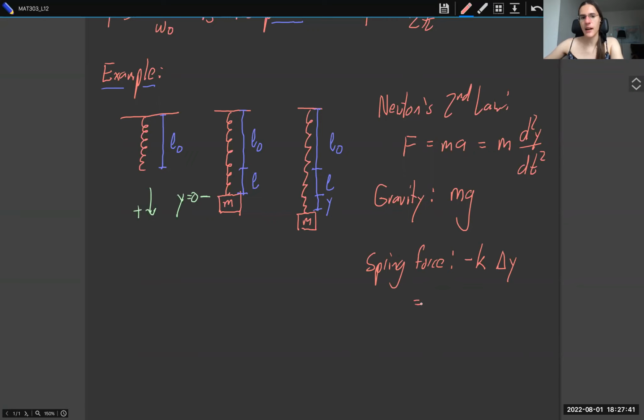In our case, the displacement is going to be L plus y, because that is how much it has moved from its equilibrium unweighted position.